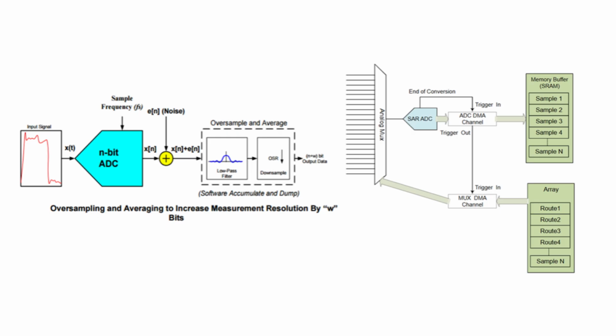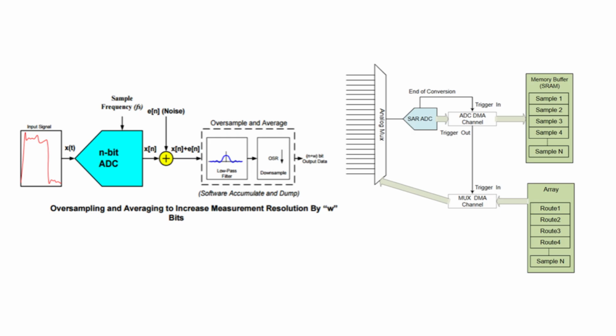Now we're getting into the advanced stuff. This is where techniques like oversampling, digital filtering, and really leveraging direct memory access, DMA, come into play. These strategies essentially allow you to cleverly trade off things like processing time or the effective sample rate to gain benefits like higher effective resolution, reduced noise, or dramatically lowering the burden on your main CPU.